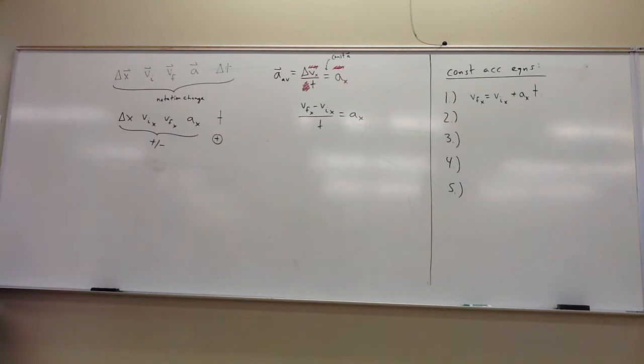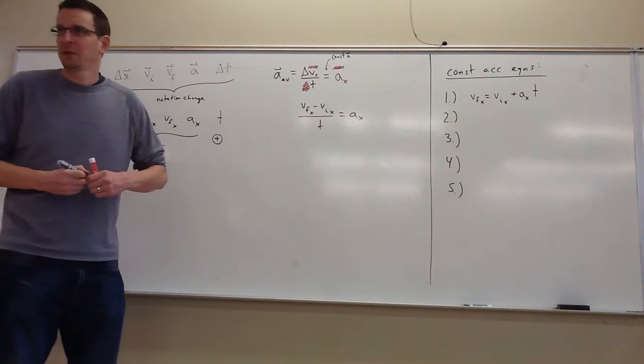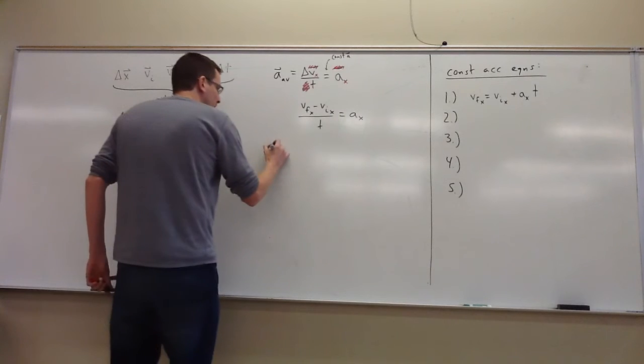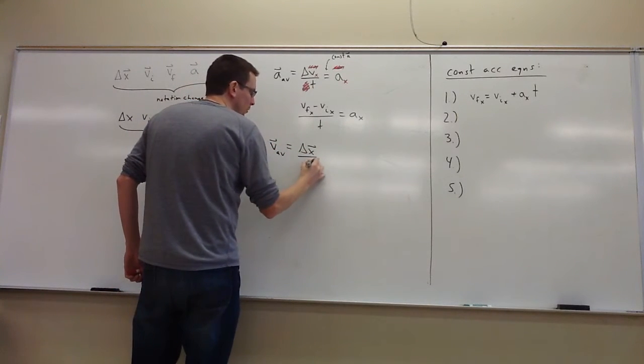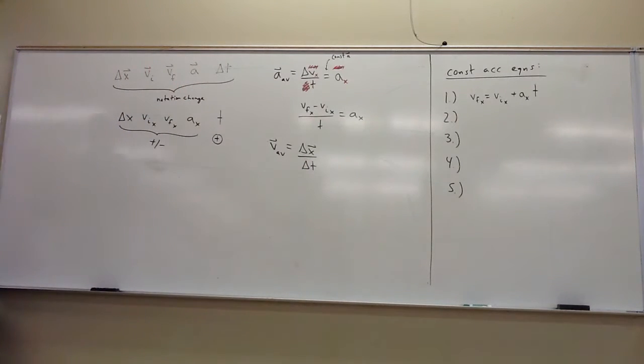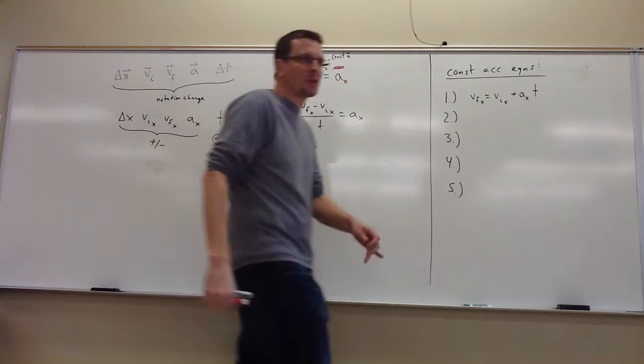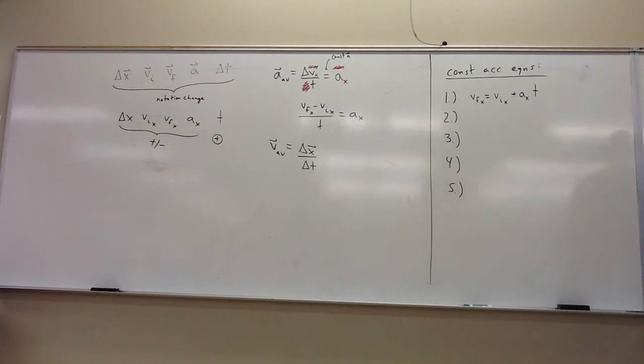All right? Let's keep going. Let's grab the things we already know and get them into a format which we will find is incredibly useful for problem solving. Here's another equation we talked about: the definition of average velocity, going back even further. The definition of average velocity is the displacement you have divided by the time you took to do it.